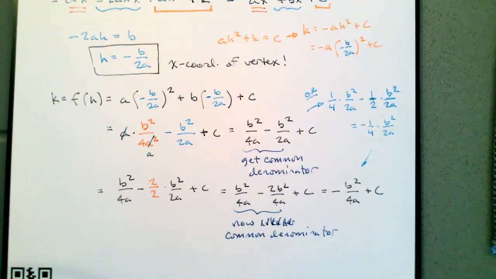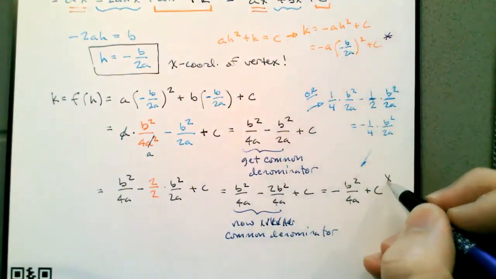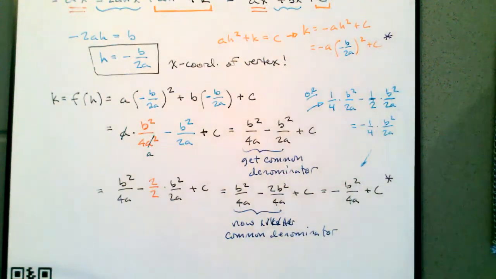So if I square the b, I get b squared over 4a squared, and one of the a's will cancel out. And so I end up with the same thing for k. So that's good. It's nice when everything works out.